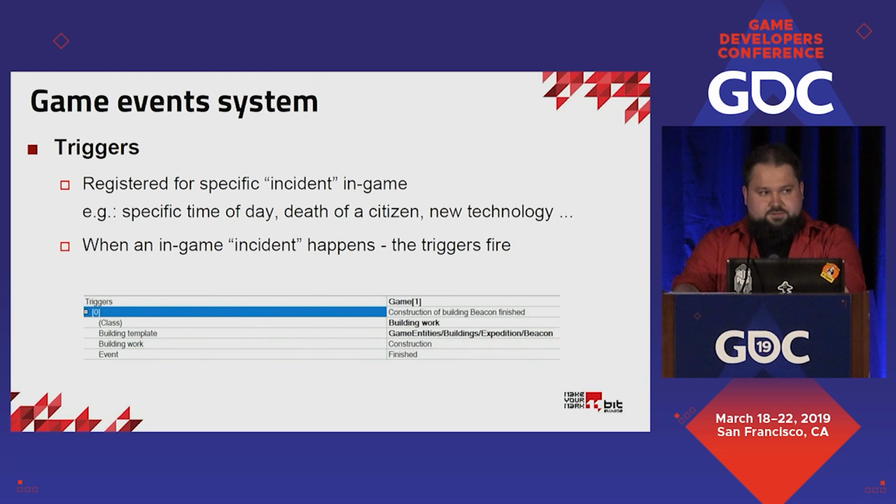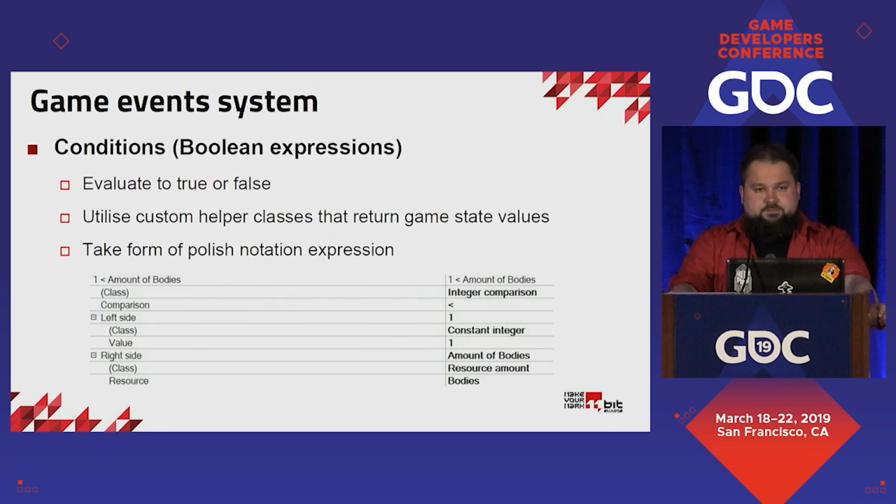But the main part of the configuration is done via the conditions system. Conditions are basically Boolean expressions that evaluate, of course, to true or false. And they utilize some helper classes that provide information about the current game state. All in all, they take the form of a Polish notation expression, and in our editor, it looks like a tree that is expanded.